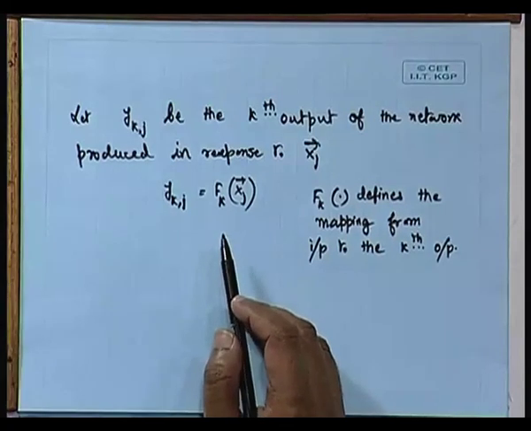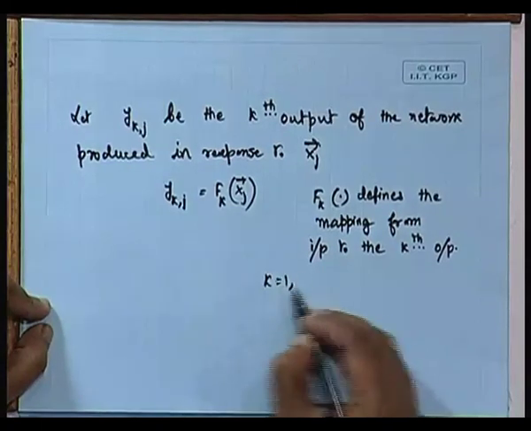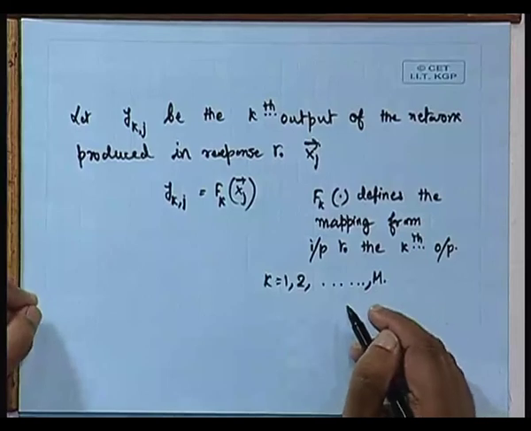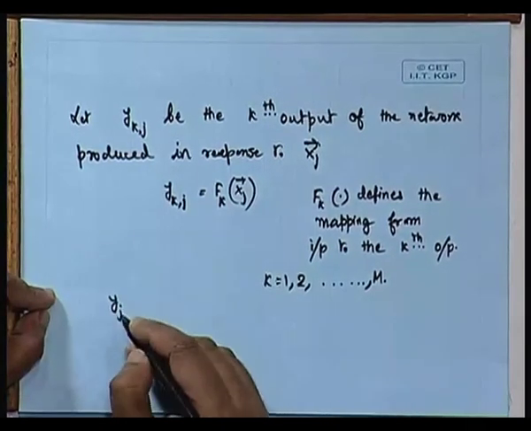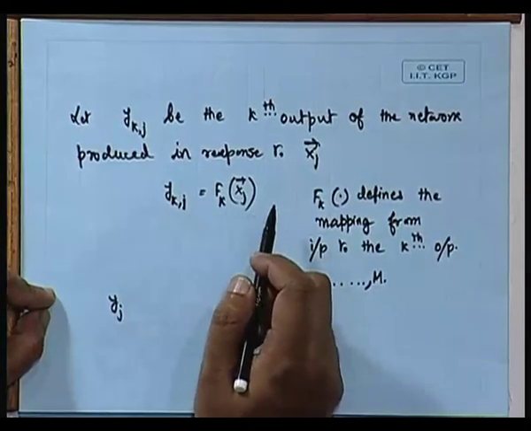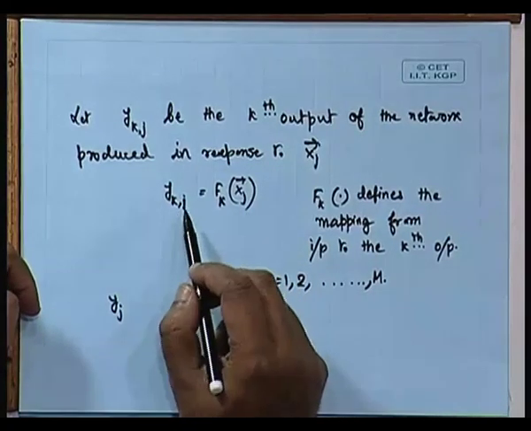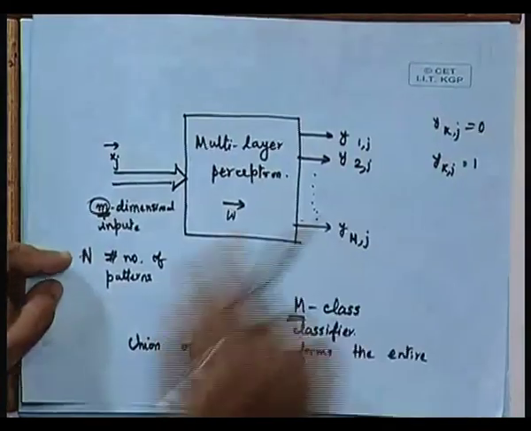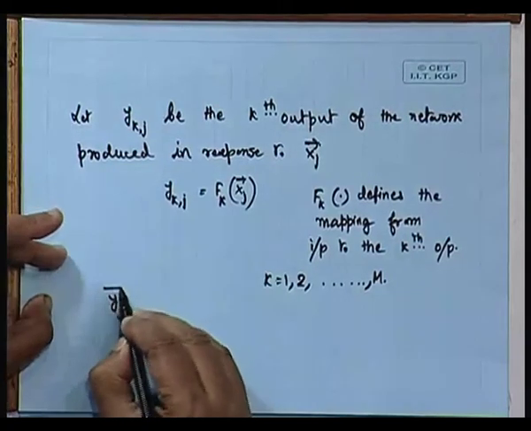We should be getting m such responses. So, in our case k will be varying from 1 up to m, so that we can form an output vector. So far we were writing ykj as a scalar quantity, because we were only considering the kth output, but when we consider all these outputs together, we have to indicate it with a vector representation.